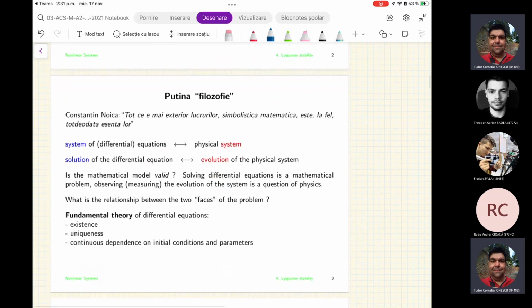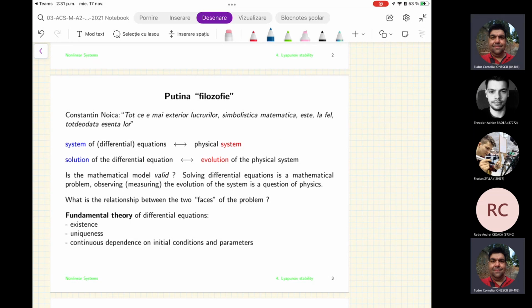It says here a little bit of philosophy. It's the name of this slide. It's a mix of Romanian and English stuff. Whatever is external to things, the mathematical symbolism is, however, the same, no matter how many external things you have.